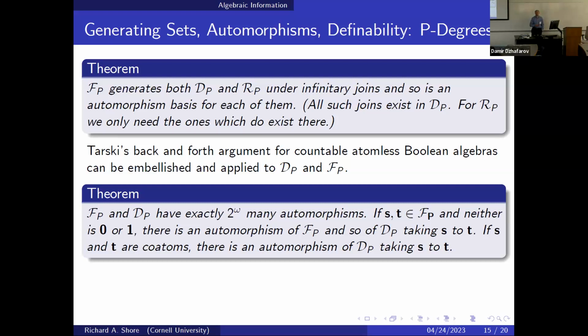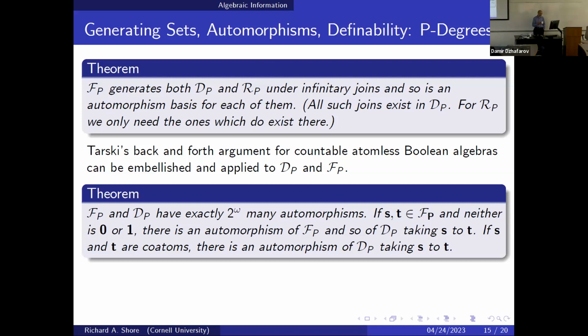And if you sort of play with the argument, then you can build more than just one automorphism with certain properties. You can build ones with special properties. And that's what's coming up next. So, for example, you can prove that there are exactly continuum many automorphisms. It's a countable set at the bottom, so it can't have more than continuum many, but you can actually build continuum many automorphisms.